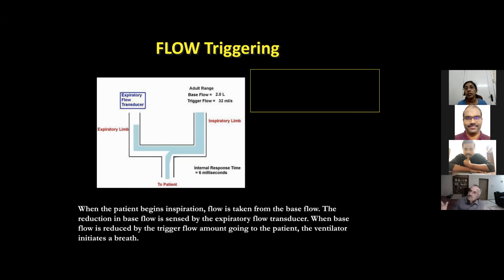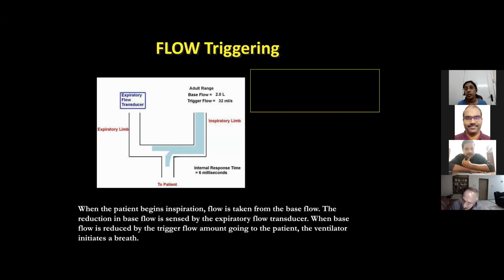It gives a breath. This is how flow triggering works. Look at this diagram, look at the thickness of this. A part of it goes here because the patient is creating a negative pressure. Only half of it is going back. Then the ventilator senses there is a loss of volume, and it gives a breath.